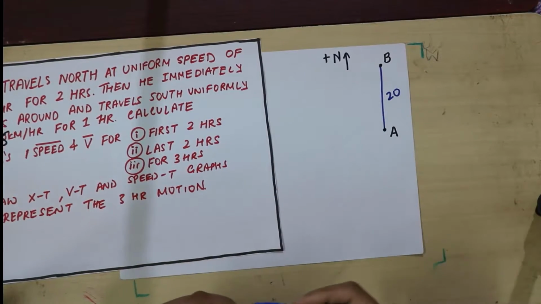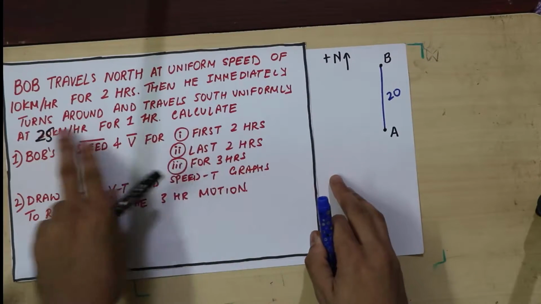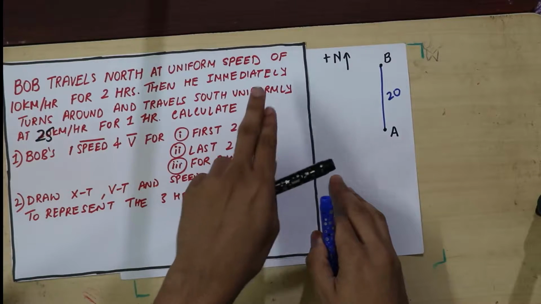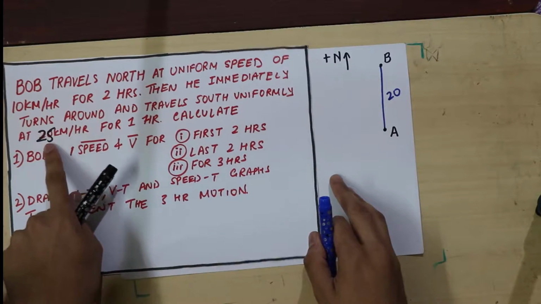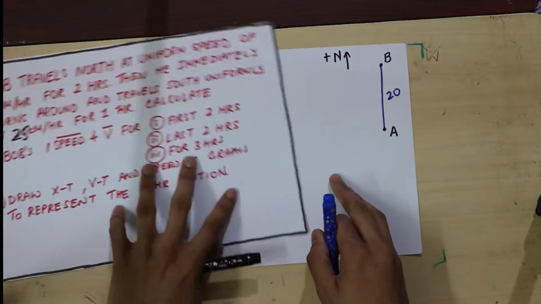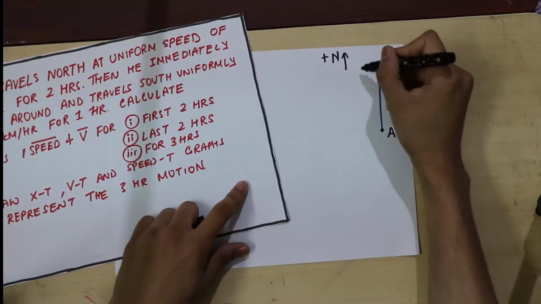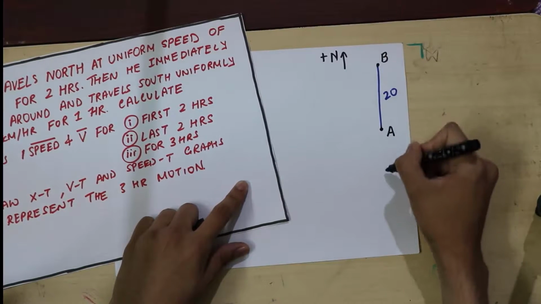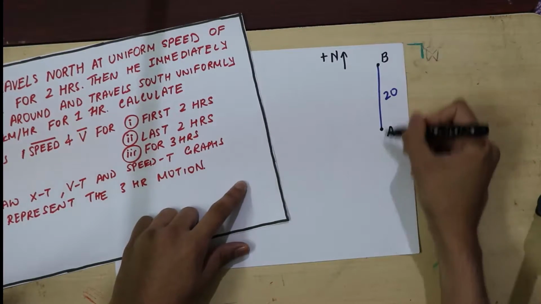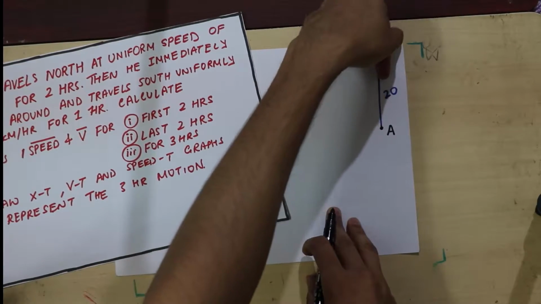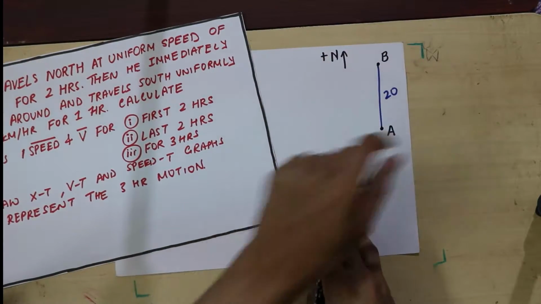It's in kilometers. Then he immediately turns around and travels south uniformly, again nice uniform motion, at 25 kilometers per hour for 1 hour. I'm going to draw that here. He actually goes back, but I don't want to spoil this diagram, so let me draw it back. He travels back this way for 1 hour.